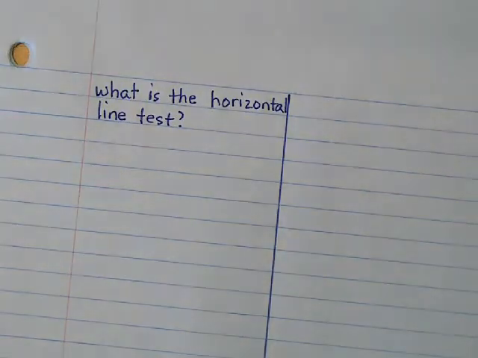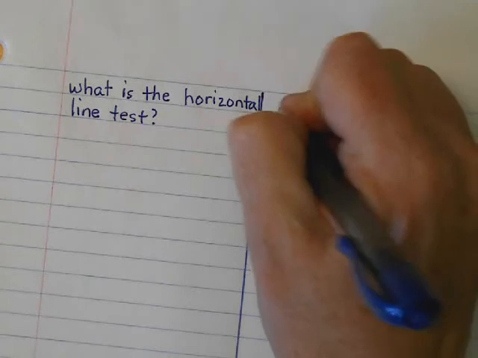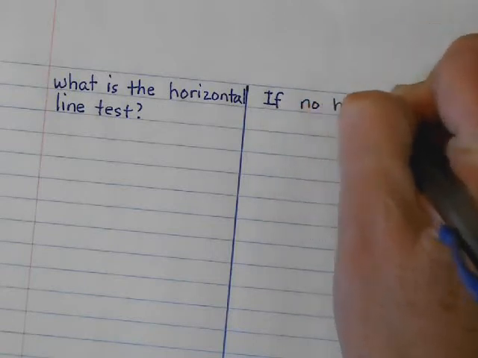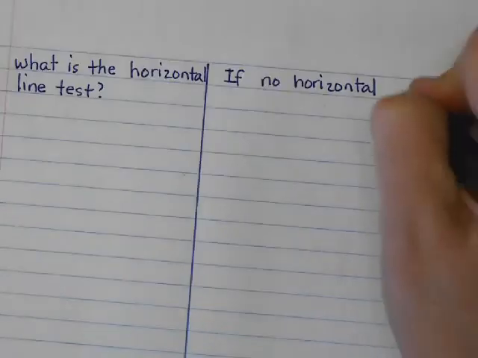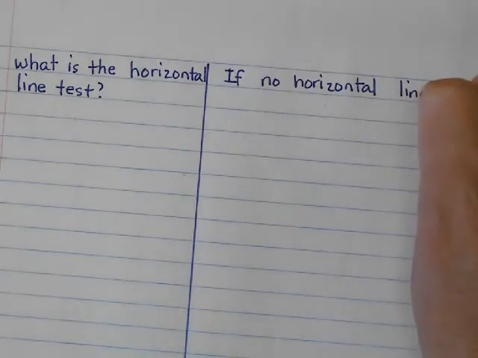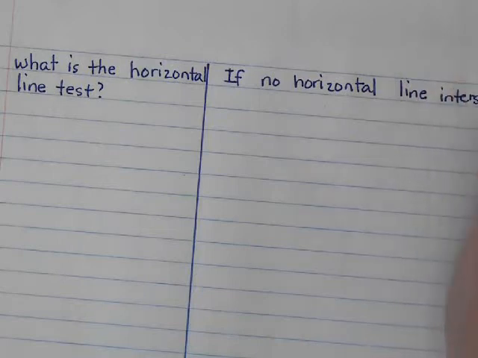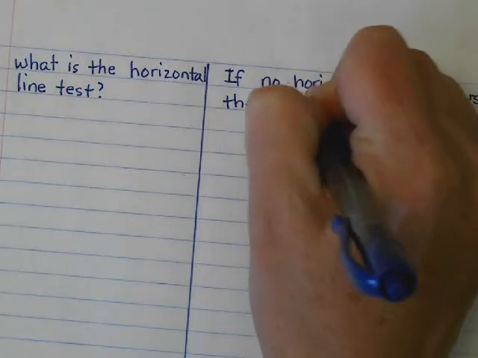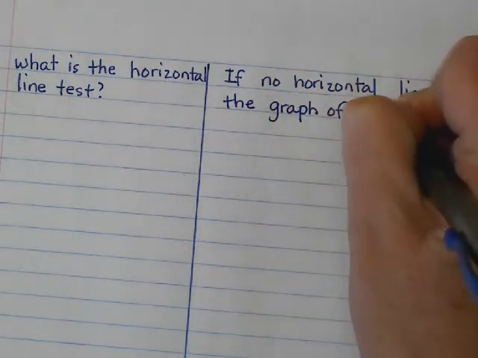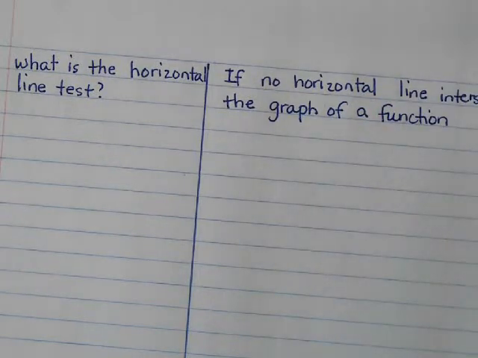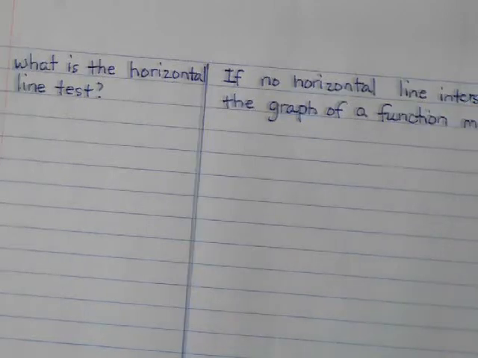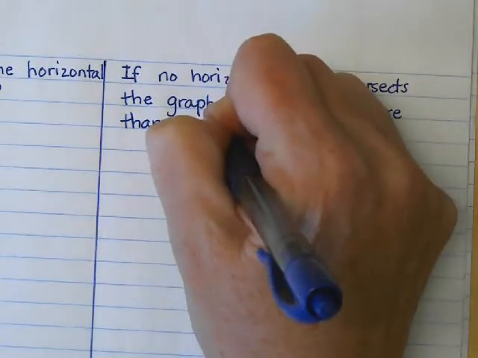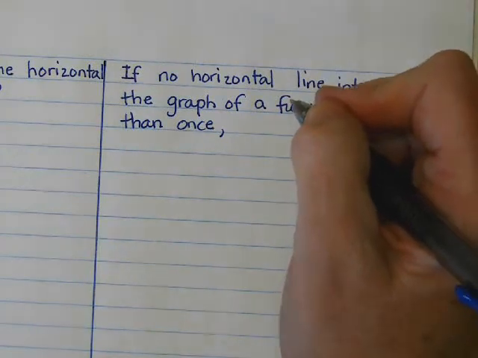Okay, so just like the vertical line test, what it says is that if no horizontal line intersects the graph of a function more than once, then the inverse of f is itself a function.